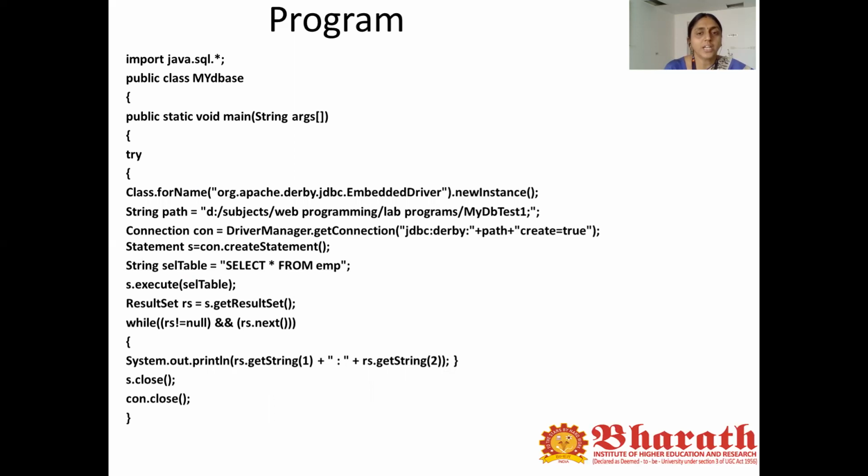The first statement creates a new instance for the particular data source. Next, you create the path where the data source is present, and you store that location path in a string variable.